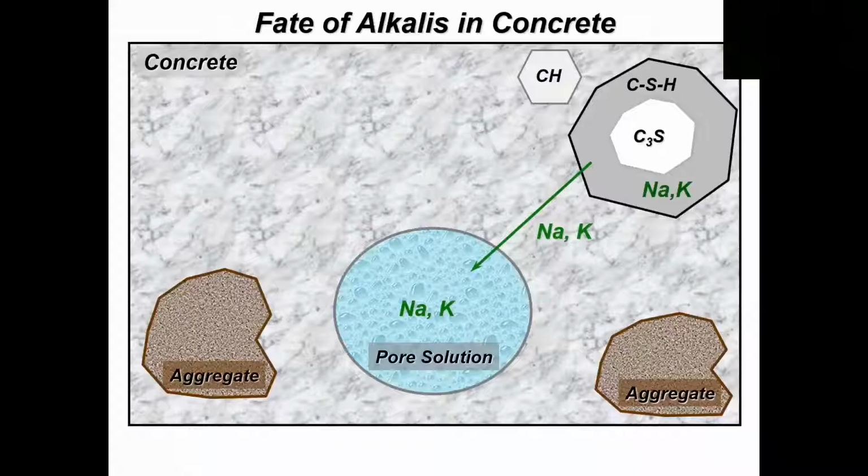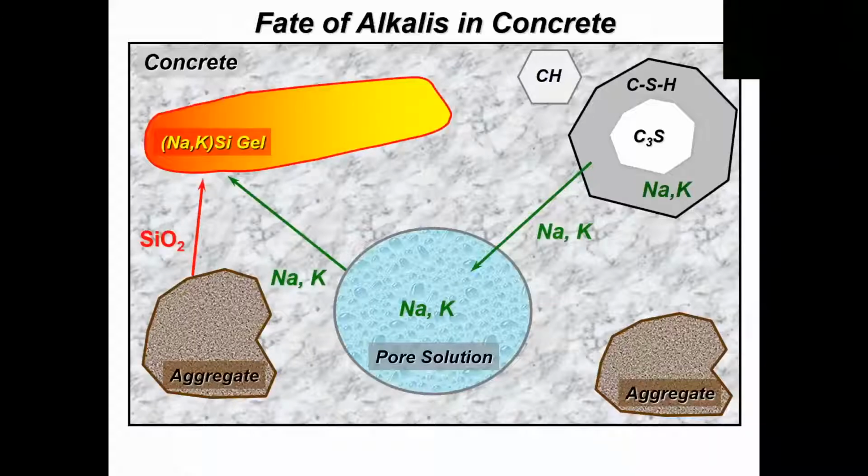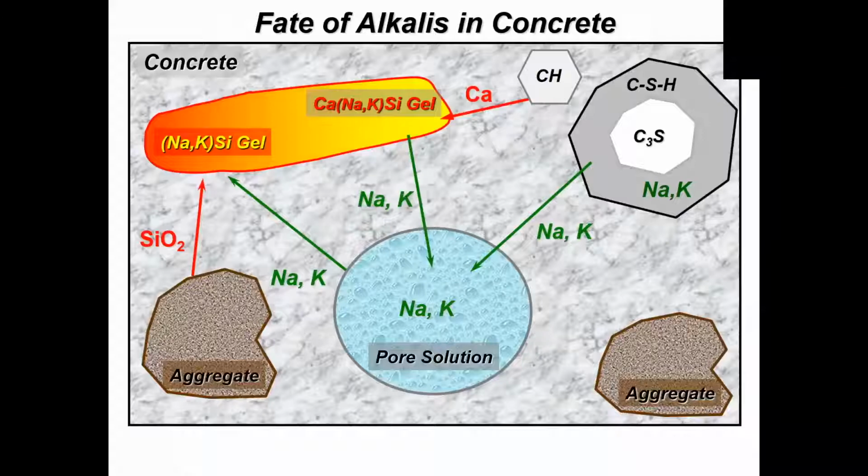If we have a reactive aggregate present, we'll form alkali-silica gel, and some of those alkalis get pulled out of the pore solution and get consumed. But the gel will react with any calcium hydroxide in the system and become a calcium-rich gel, releasing the alkalis back to the pore solution. This can be further complicated in some cases by aggregates contributing alkalis to the pore solution.